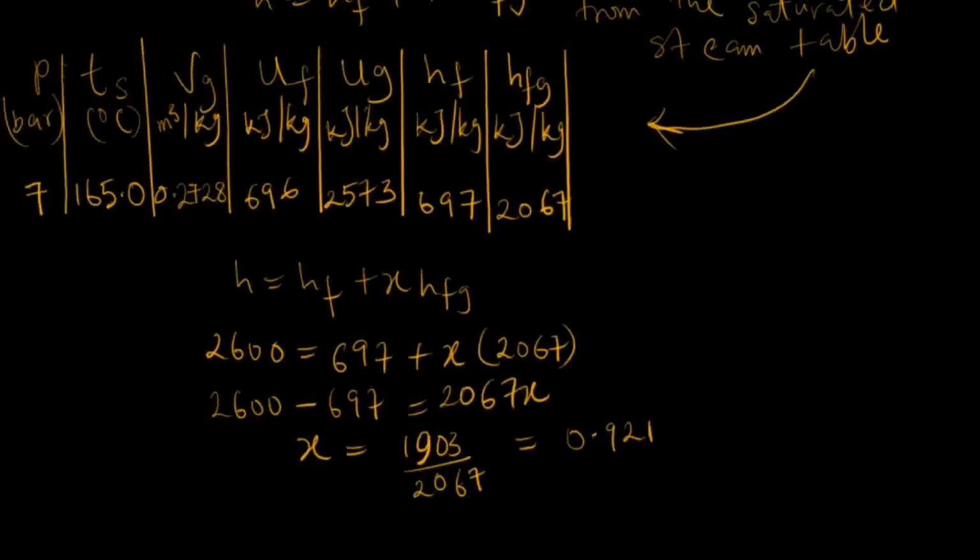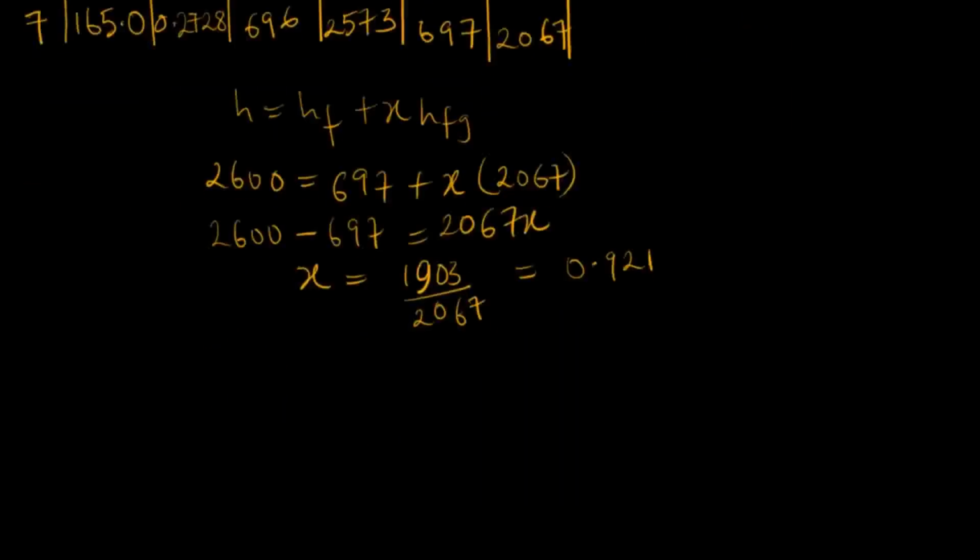Now we have gotten the dryness fraction, so we can say our dryness fraction X is equal to 0.921. Now second one is the specific volume.